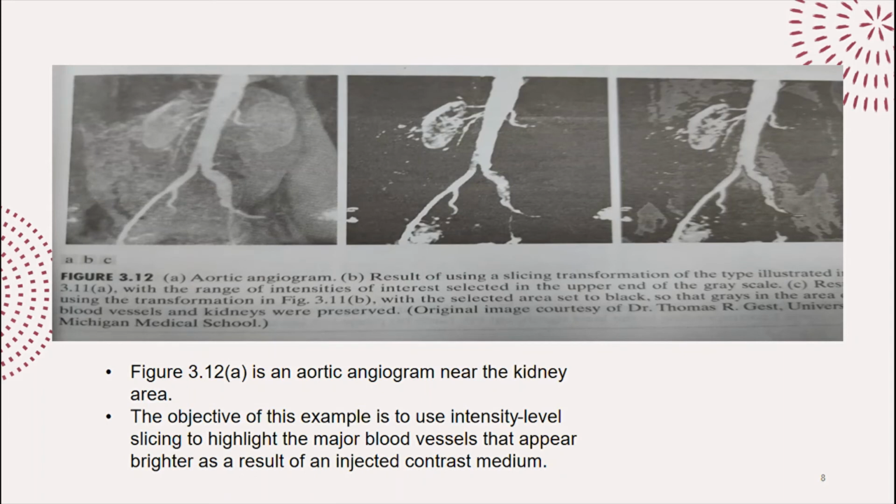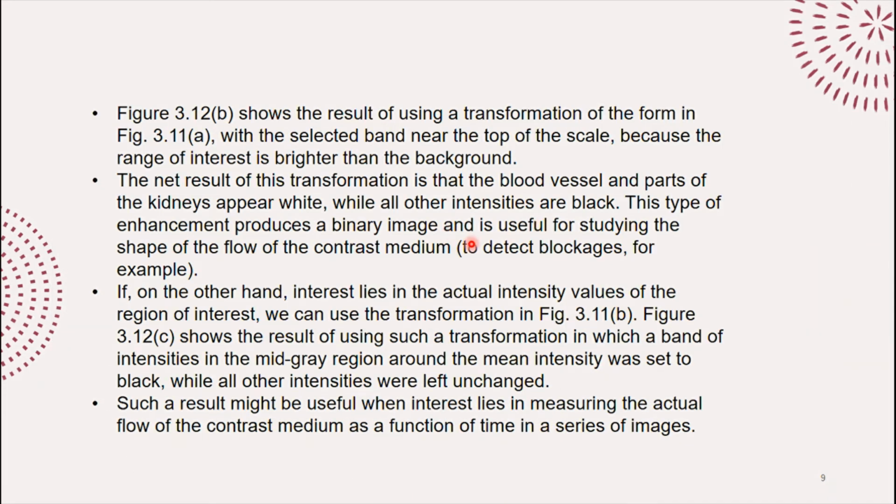We can see that these portions became black, while the other regions remained the same. Such a result might be useful when the interest lies in measuring the actual flow of contrast medium as a function of time in a series of images.